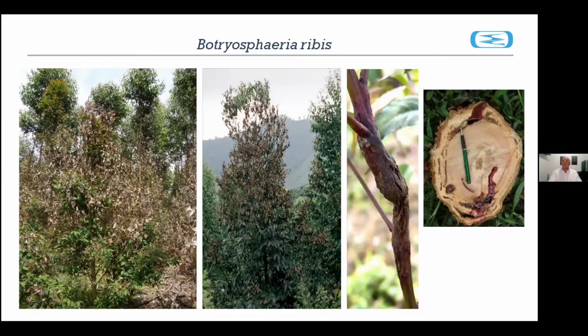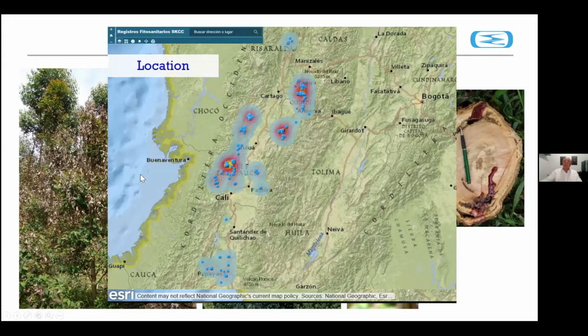Other important diseases in eucalyptus is regarding Sphaeropsis rabies. You can see the symptoms here. This is a vascular and leaf disease. This is the heat map, and you can see the distribution of the disease in all areas where we are planting eucalyptus.